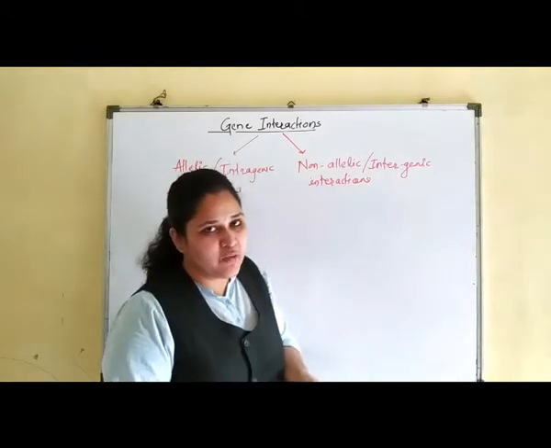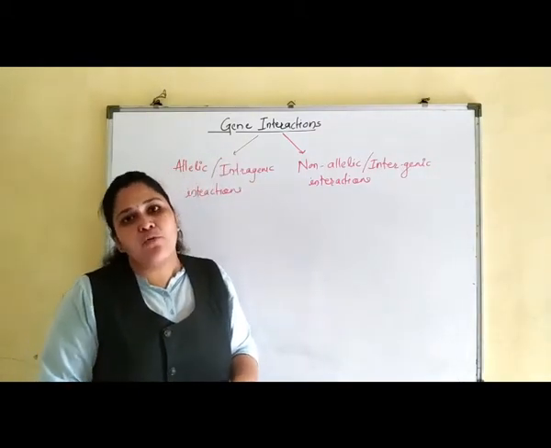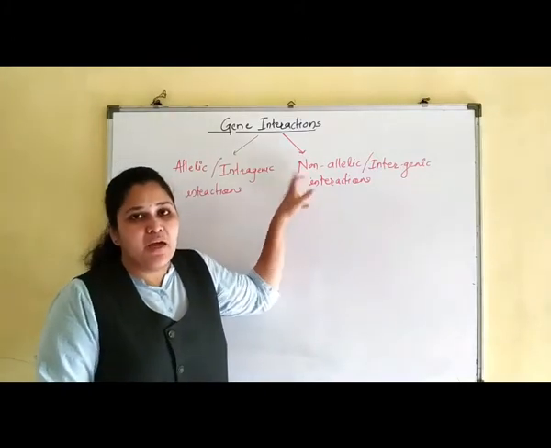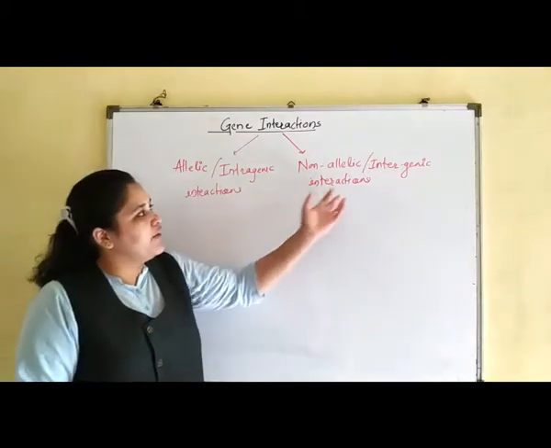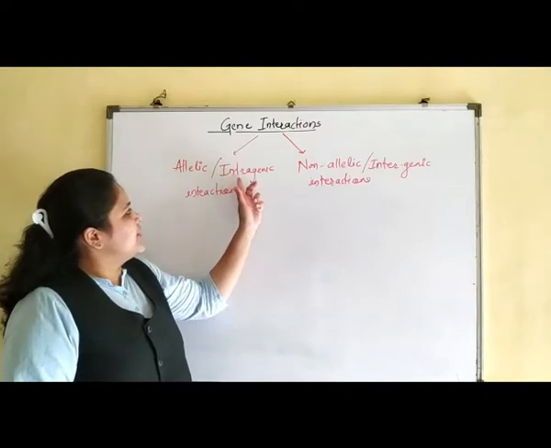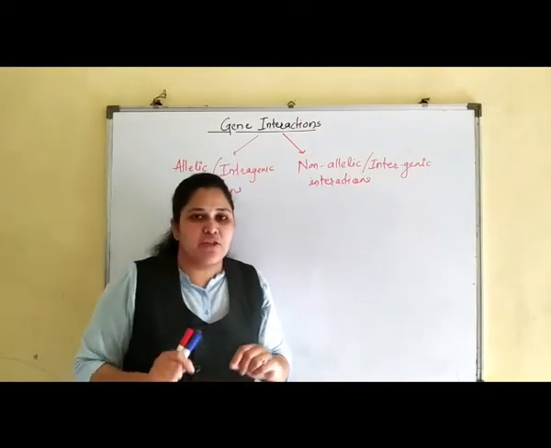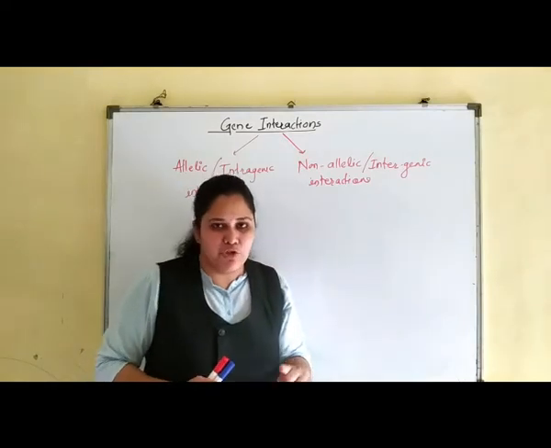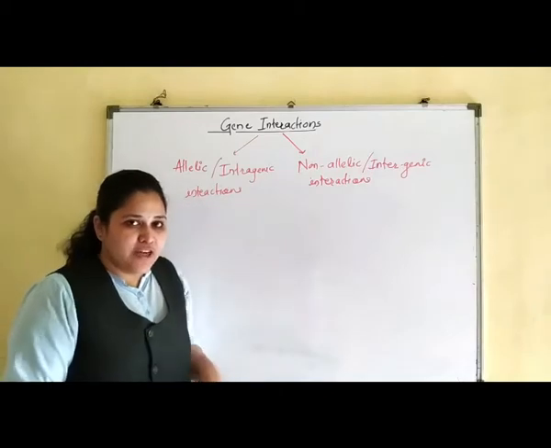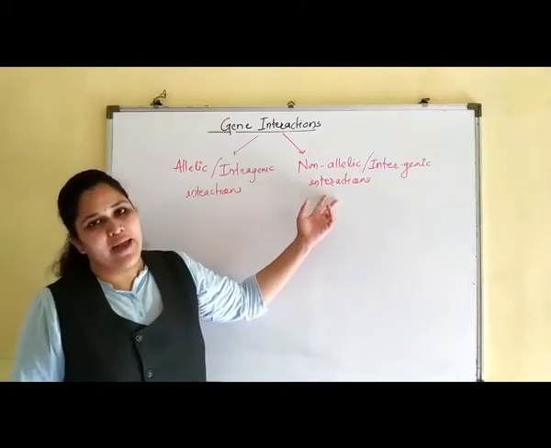He did not encounter features regulated by more than one gene. So interaction among alleles of different genes is intergenic, meaning between genes, whereas intragenic means within a gene. Interaction among alleles of the same gene is allelic interaction, and interaction between alleles of different genes is non-allelic interaction.